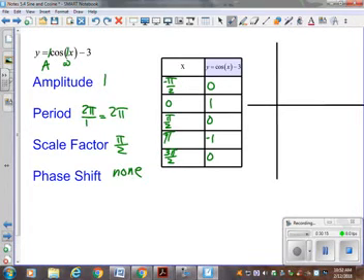So this minus 3 is outside the trig. So that's why it affects y. And you subtract 3 from each one.